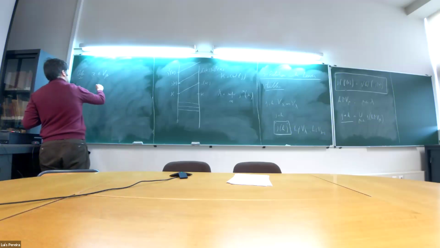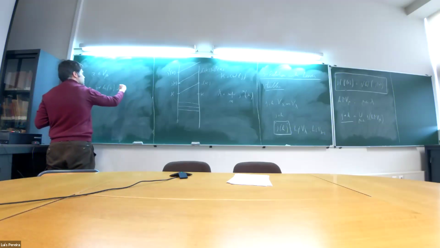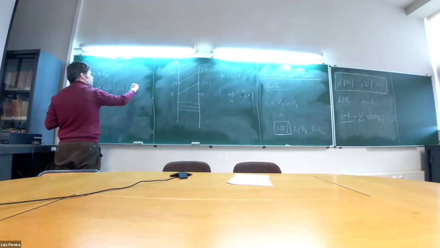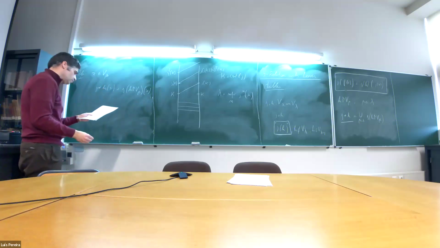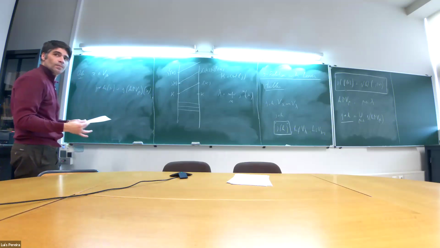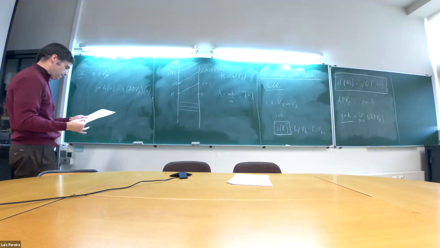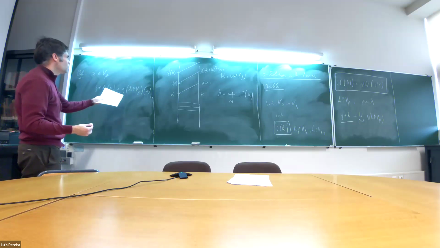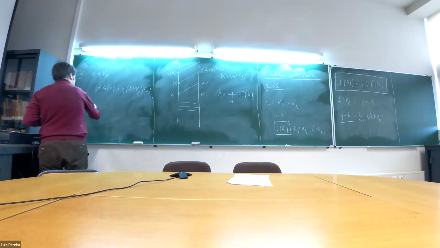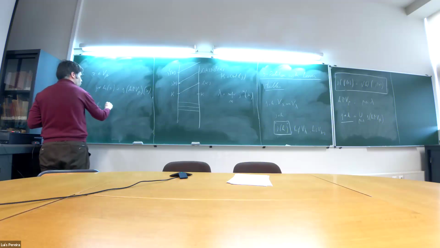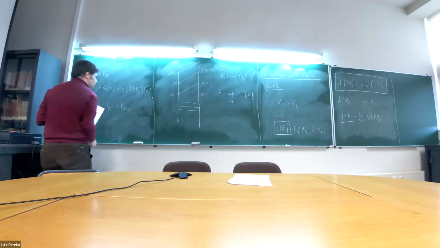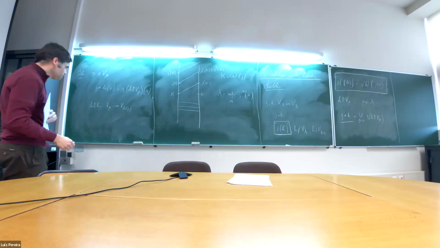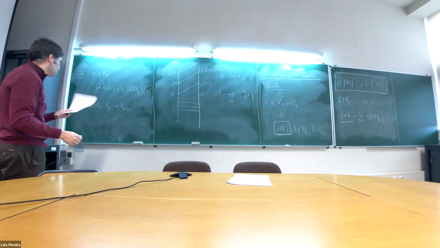Then J star H of X is simply J of H restricted to V beta, applied to X. Now notice that H restricted to V beta by definition goes from V beta into V H of beta, because it's an embedding.